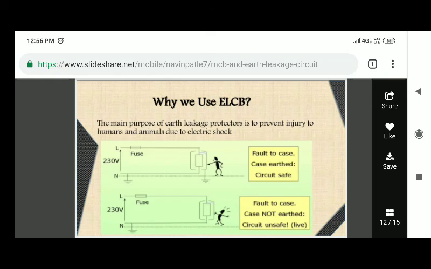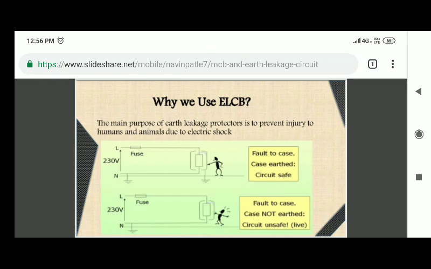So the ELCB suddenly trips and goes to the off condition, so the person cannot have an electric shock there. So the ELCB is most used in commercial conditions, more than the MCB.